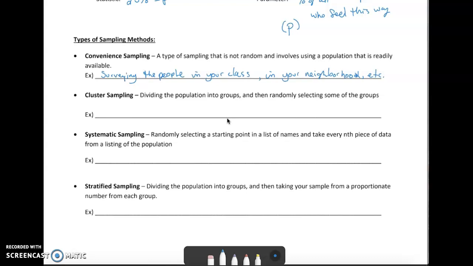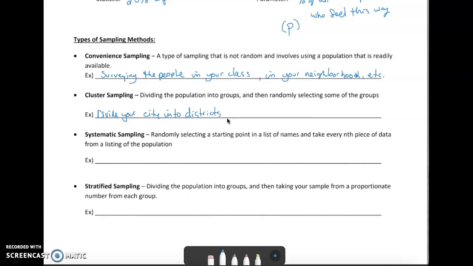Cluster sampling is when you divide your population into groups and then you randomly select some of those groups. So maybe in this case, you would divide your city into districts. So I would be dividing your population into groups.